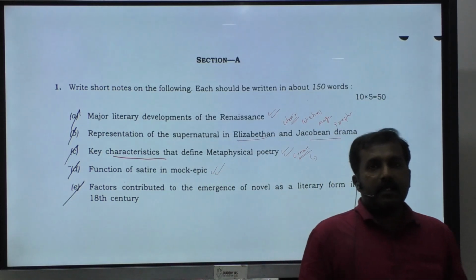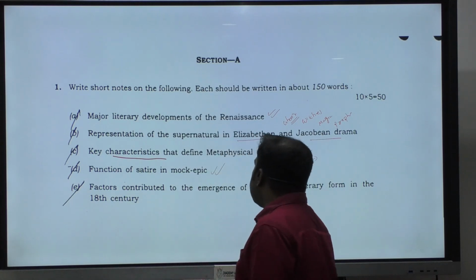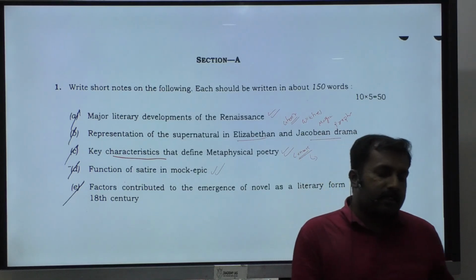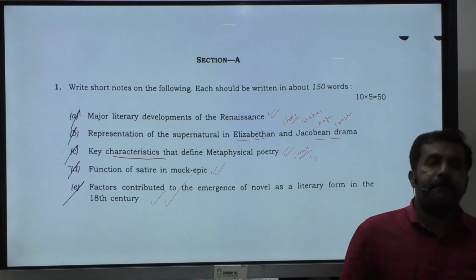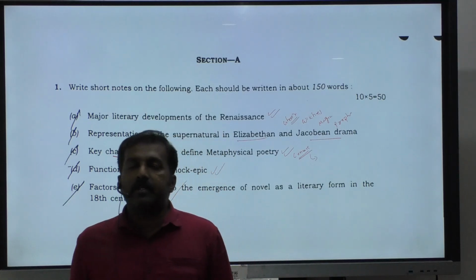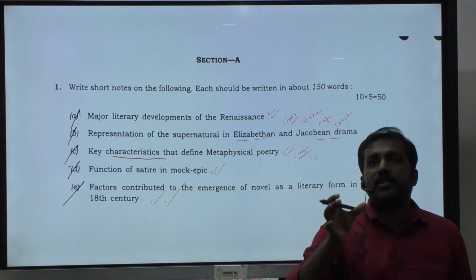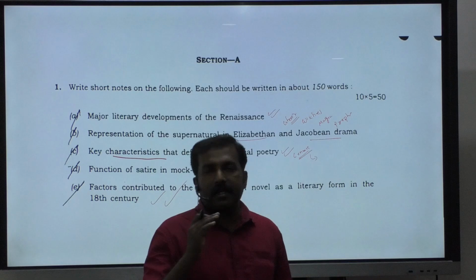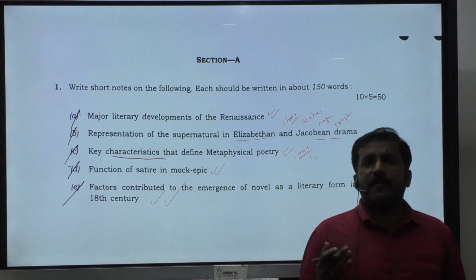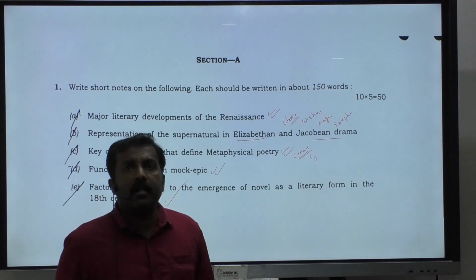So this is another question. And the next one is: factors that contributed to the emergence of the novel as a literary form in the 18th century. And this is another important literary movement in paper 1. That means the paper 1 syllabus starts with Renaissance and ends with the Victorian period, which we already discussed. And in this section we have a list of literary movements: Renaissance, Elizabethan period, Jacobean drama, metaphysical poetry, satire, epic, mock epic, rise of the novel, romantic period.